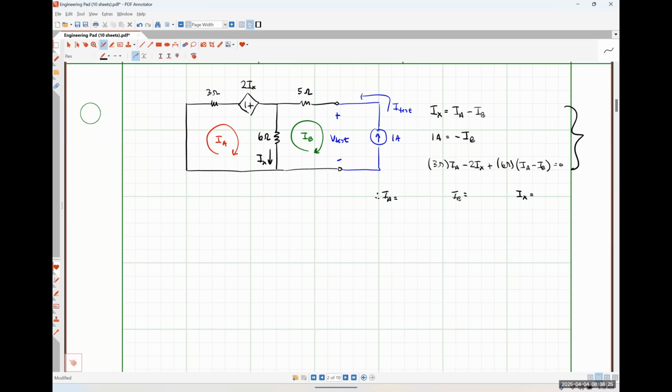In my third equation, my coefficient for IA is 3 plus 6 is 9. My coefficient for IB is -6. My coefficient for IX is -2. And my constant term is 0.